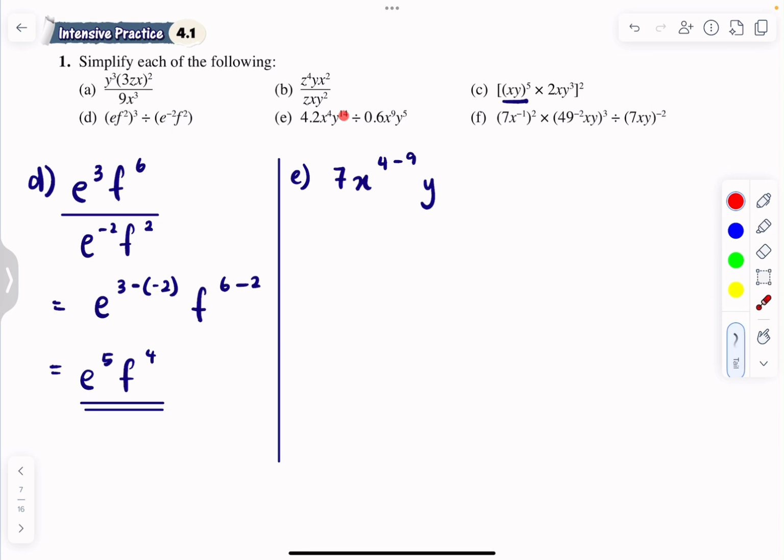Y will be 14 minus 5. 4 minus 9 is negative 5. 14 minus 5 is 9. So since we have negative here, we can bring the x to the denominator, x power 5. Done.